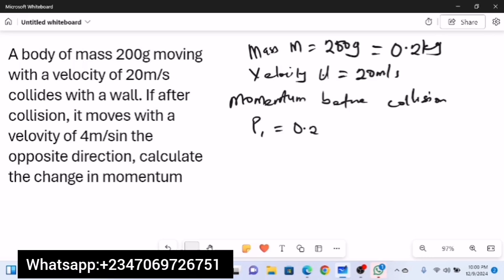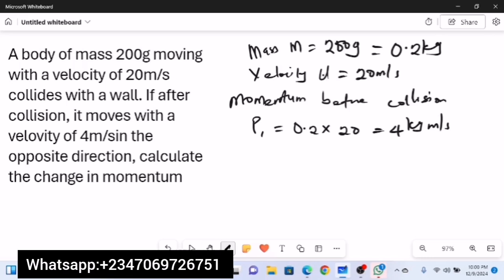Mass is 0.2, velocity is 20. This simply gives us 0.2 times 20, which is 4 kilogram meter per second. So we have 4 kilogram meter per second.